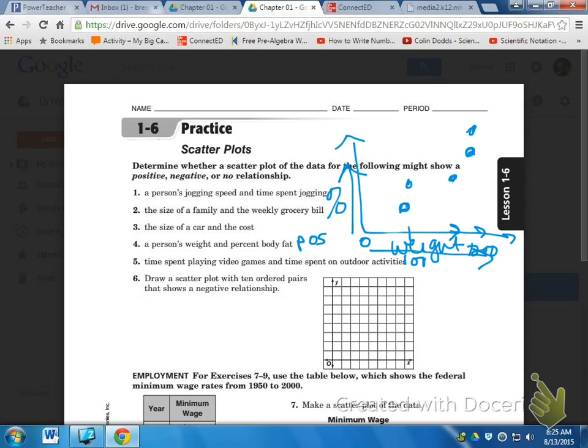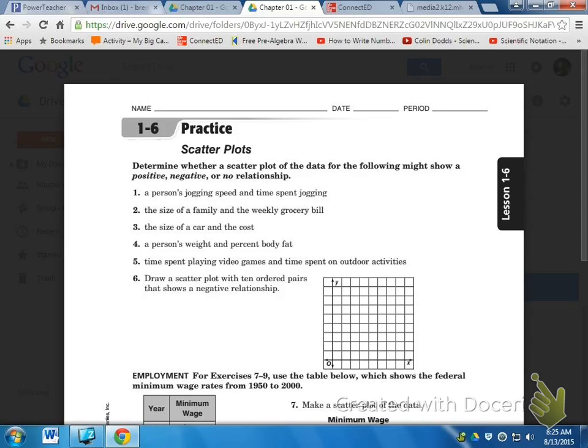Okay, one more I'm going to have to do really quick because my video time's going to run out here. Time spent playing video games and time spent outside. What do you think? I think it's gonna decrease.